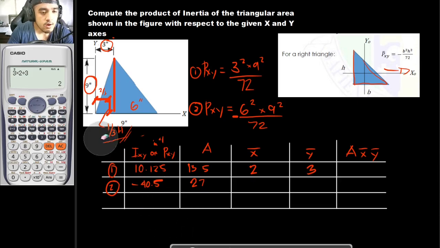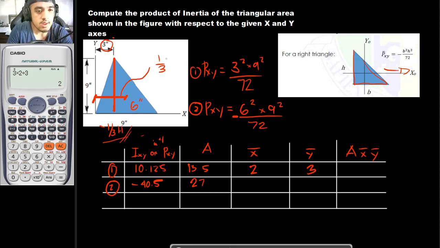And as for our second figure, our x-bar would be from this axis right here up until this centroid right here. And this dimension is equal to 1/3 of this whole dimension, so times 6. But this one right here is equal to, as you can see, 3 inches. So our x-bar is equal to 3 inches plus 1/3 times 6, which is this distance right here.